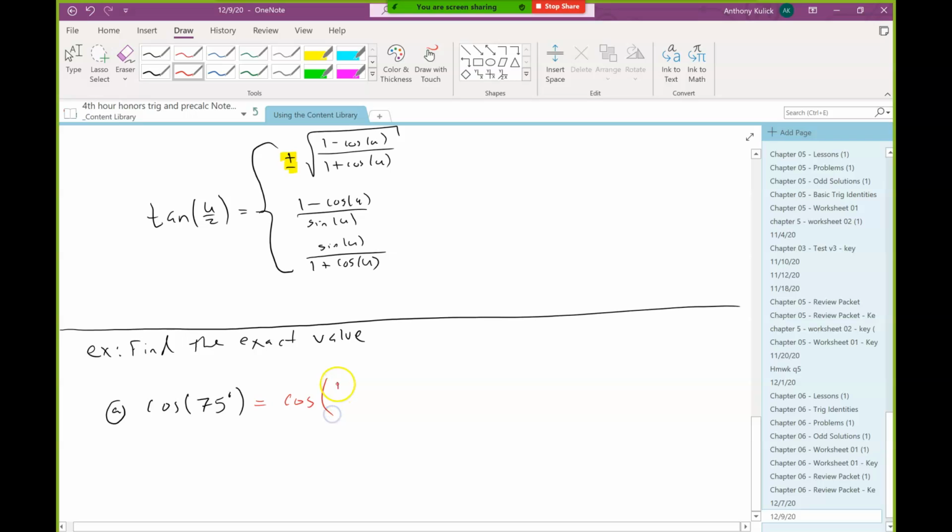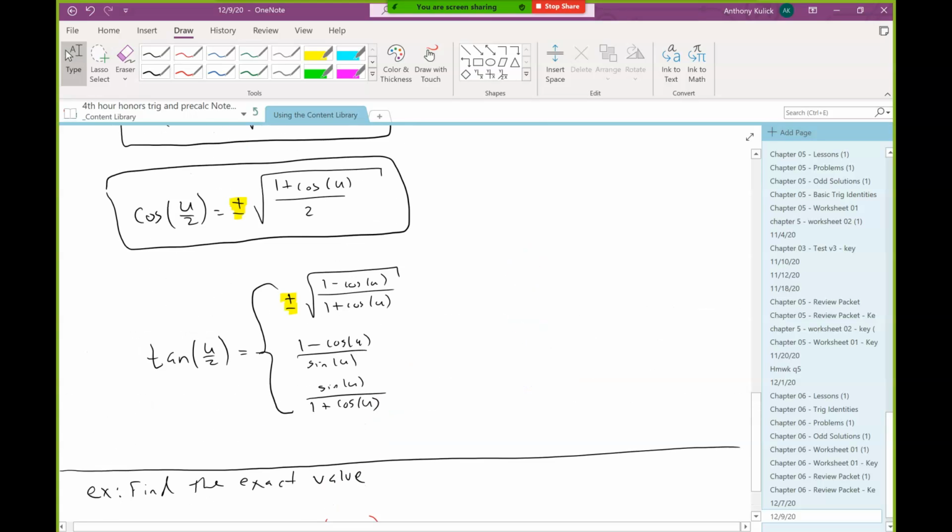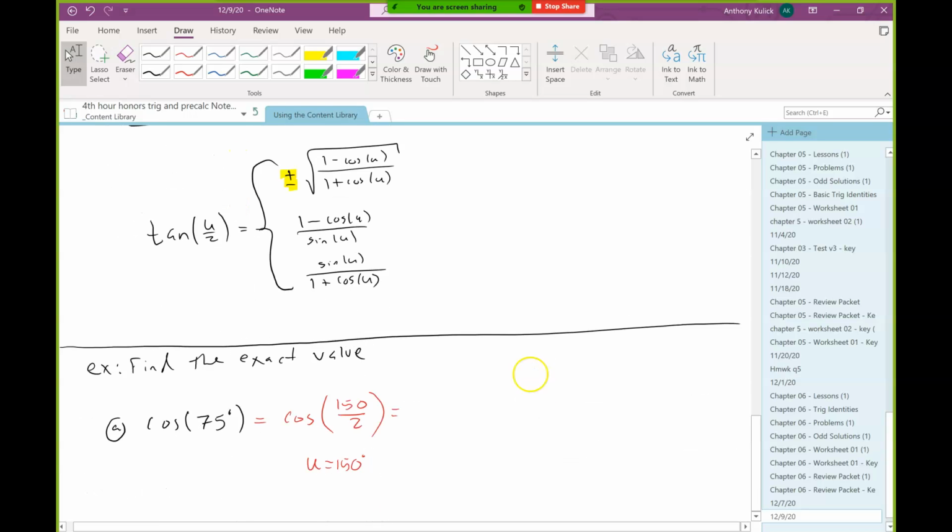So 75 is really the same as 150 over 2. So basically this is telling me that my u in the formula is 150 degrees. So if I look at my half angle identity for cosine, I have plus or minus the square root of 1 plus cosine u over 2.